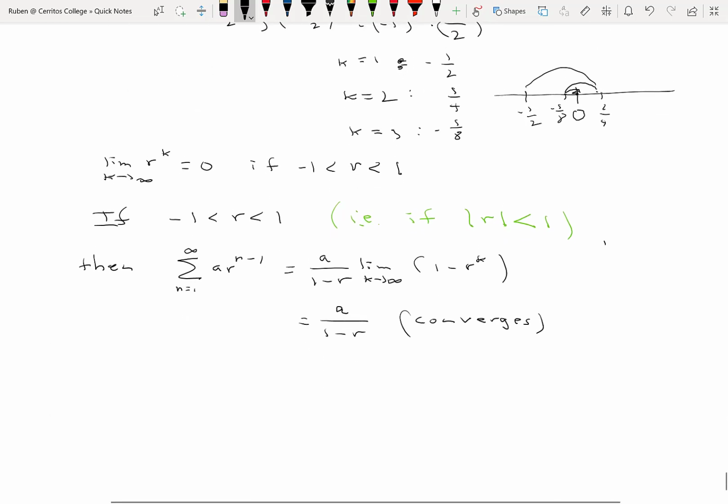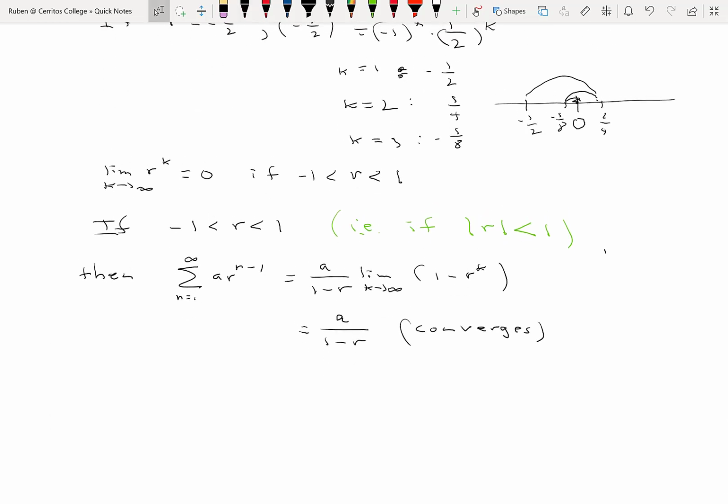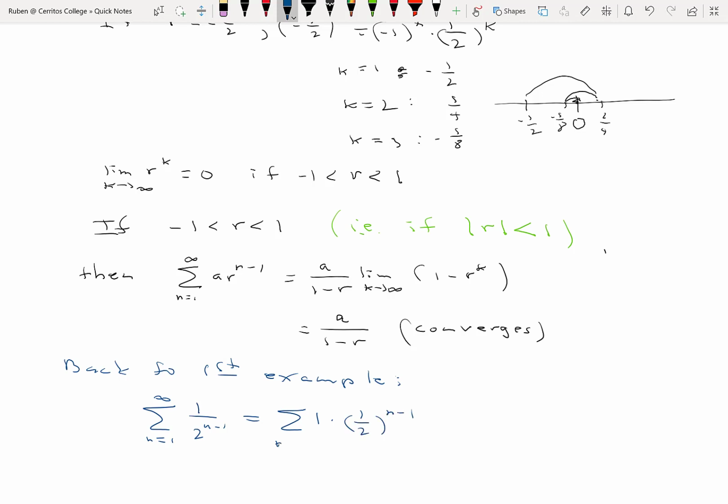Okay? Let's see if our first example works. Our first example was the sum of 1 over 2 to the n-1, n goes from 1 to infinity, the first date of the two people. That can be written in the form 1 times 1/2 to the n minus 1.